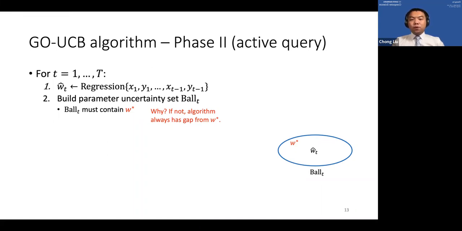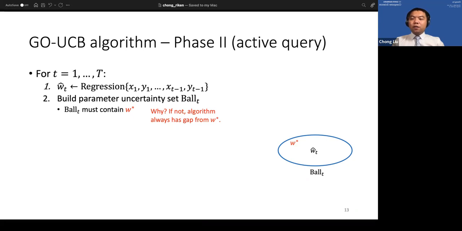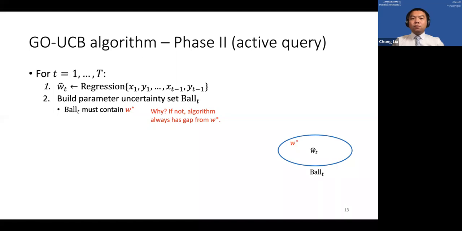So the ball T must contain the best parameter. And here I'd like to highlight again, the W star is unknown, but with some algorithm design, we can make sure the ball T contains W star with high probability.